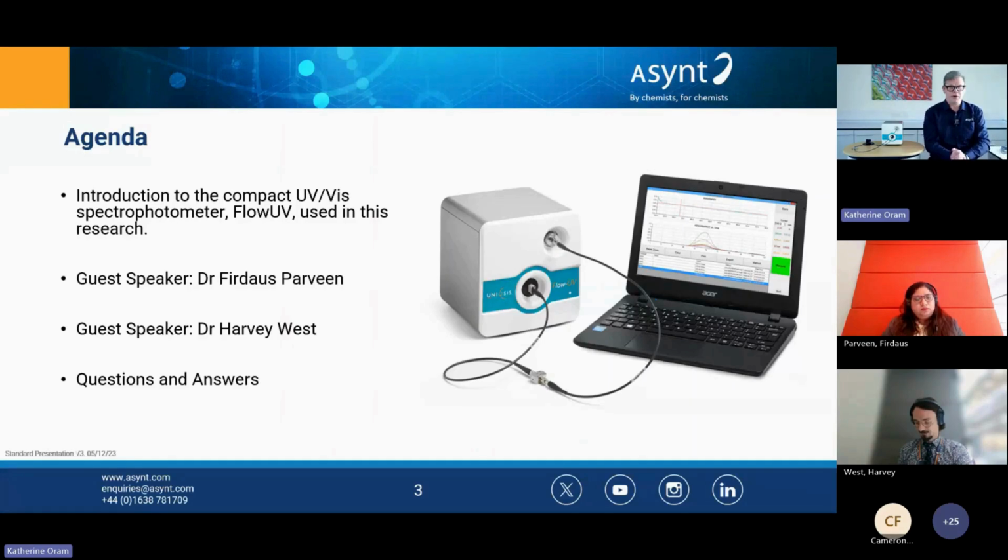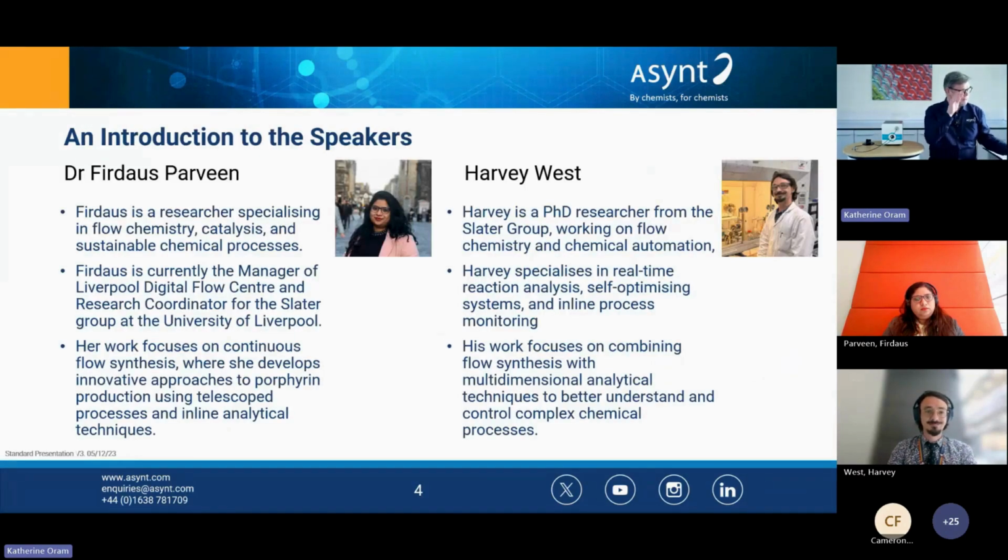As I said, we've got two fantastic guest speakers today showing some real case studies in their research. So we have Dr. Fergus Parveen and Harry West. Fergus specialises in flow chemistry, catalysis and sustainable chemical processes.